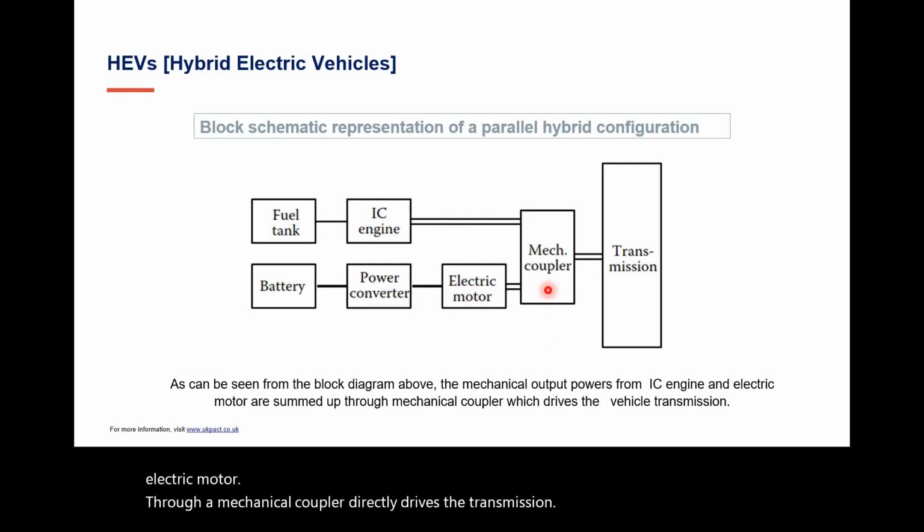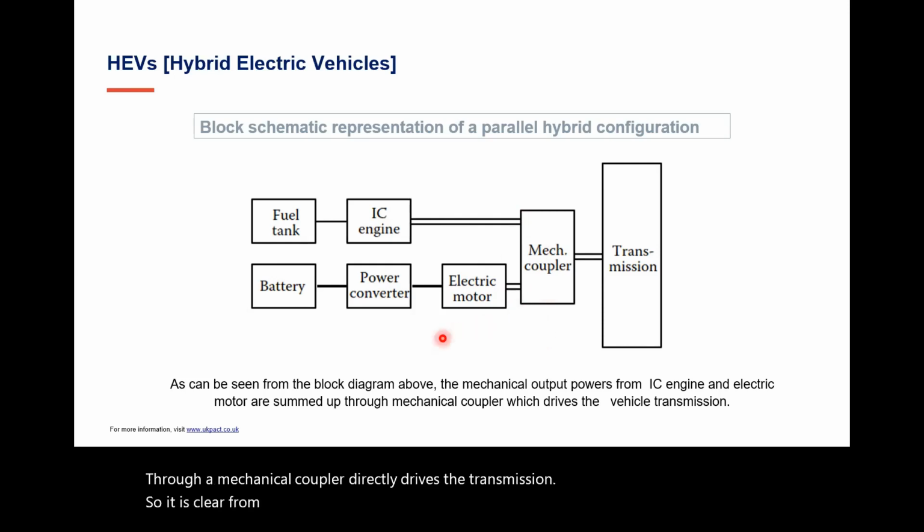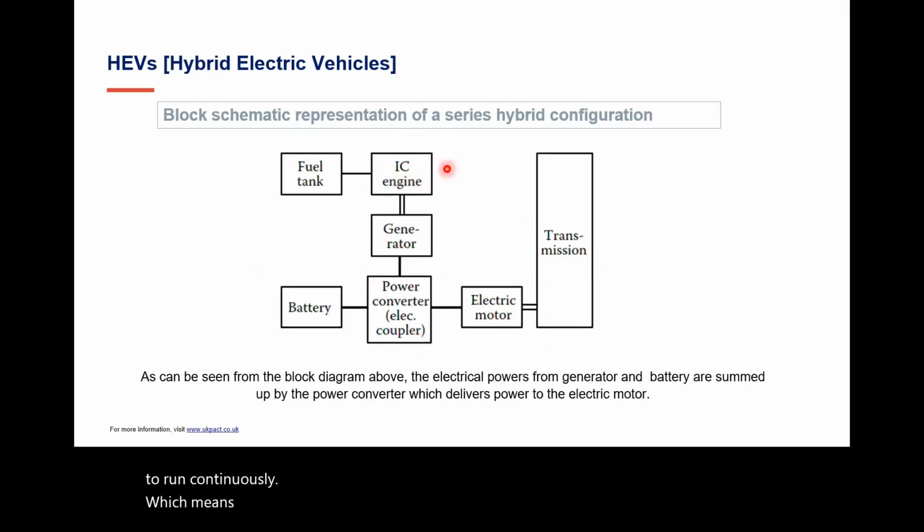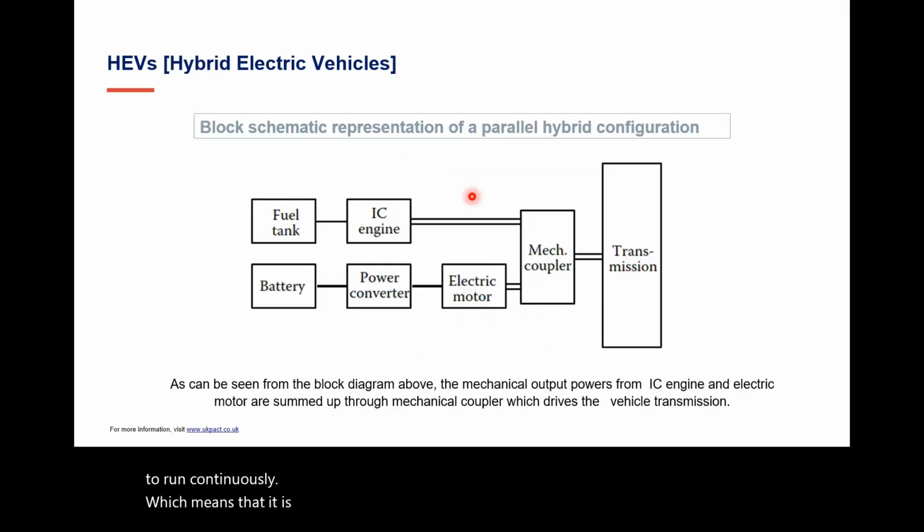It is clear from this diagram that for the equipment to operate, the IC engine has to run continuously. As we saw in the previous slide, it is not possible to run the IC engine at only one speed. However, it has to run at different speeds depending upon the vehicular requirements.